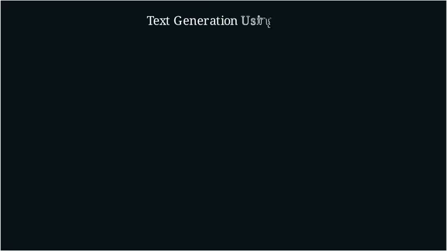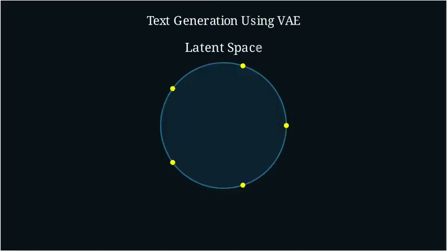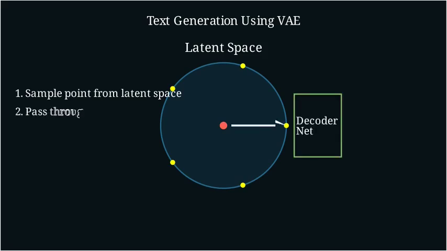Since our latent space is now built and our encoder and decoder have been trained, we can generate new text from it. To do this, we start by sampling some points from this learned latent space. Now we could do this in a more structured way by searching for specific topics. But in this example, we will stick with random sampling.